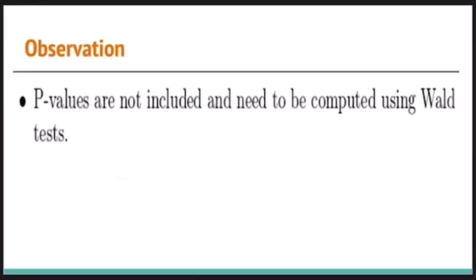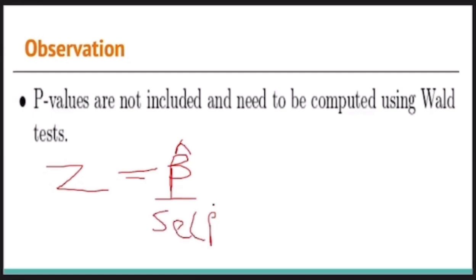The Wald test is when I do z equals the beta naught, the estimate of that divided by the standard error. And don't forget, in the output that I showed you the other time, you have both the estimate and the standard error. Then we can make use of R code to get the p-value. Do you know what? I'm done with the multinomial logistic regression.